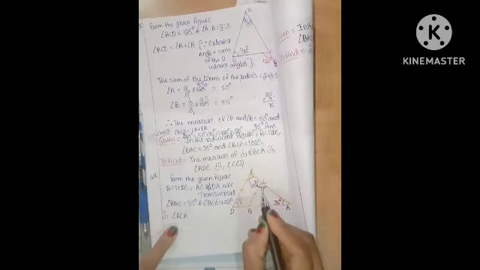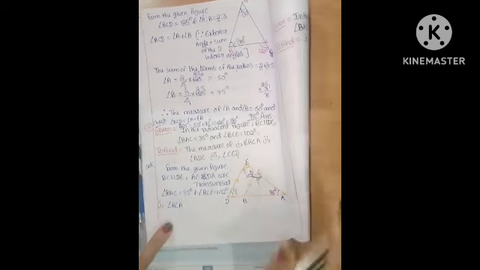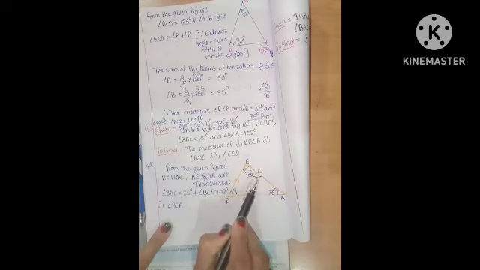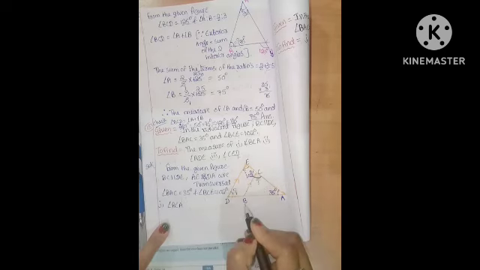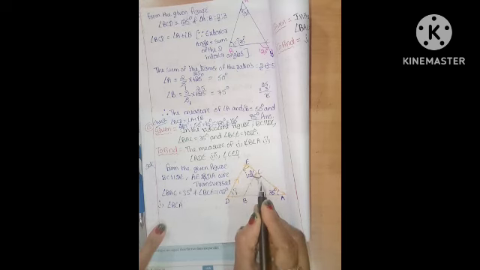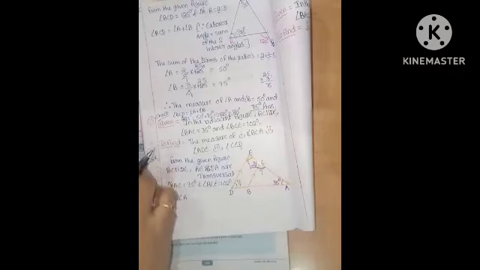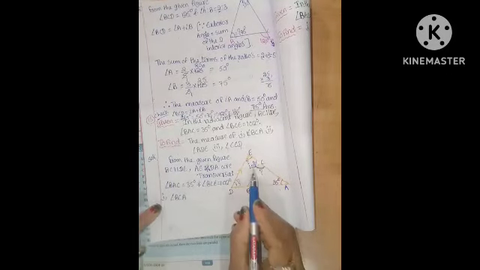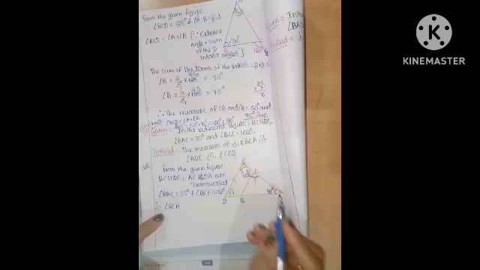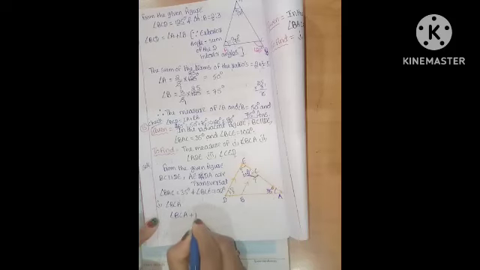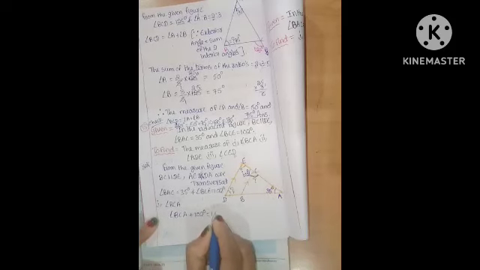First bit is angle of BCA. This is the straight line. Sum of these two angles, this is the BCA angle. BCA angle plus 102 degrees is equal to 180 degrees. These two are the linear pairs. So angle of BCA plus 102 degrees is equal to 180 degrees.